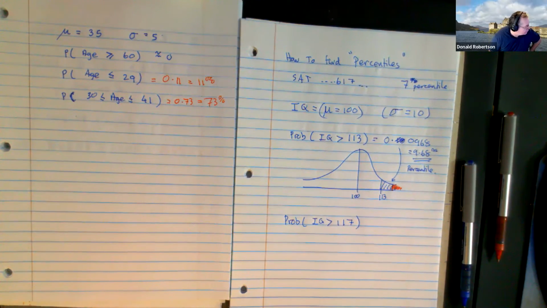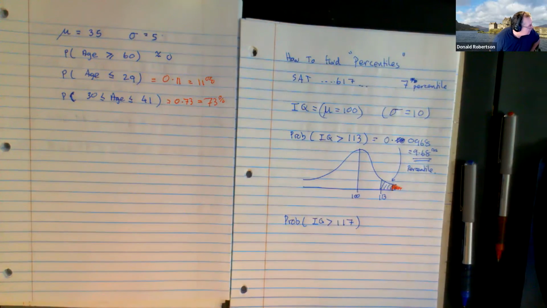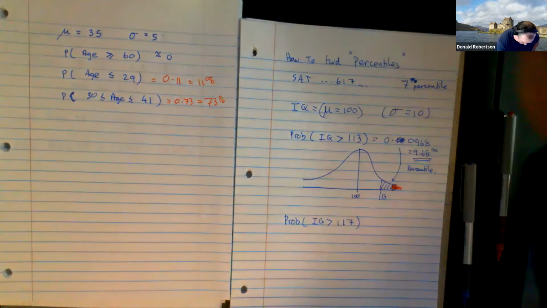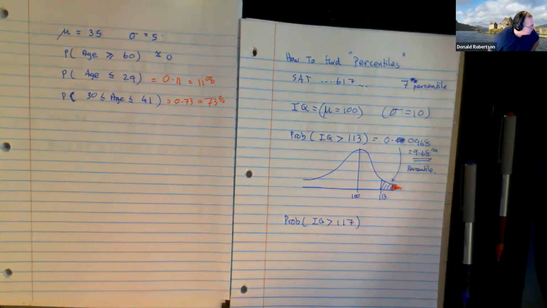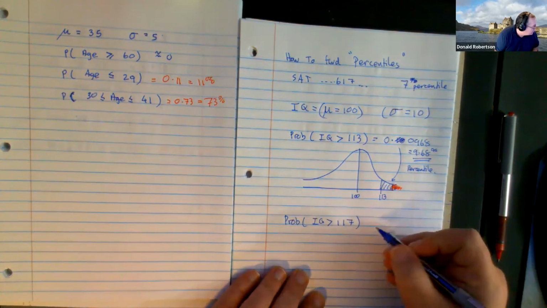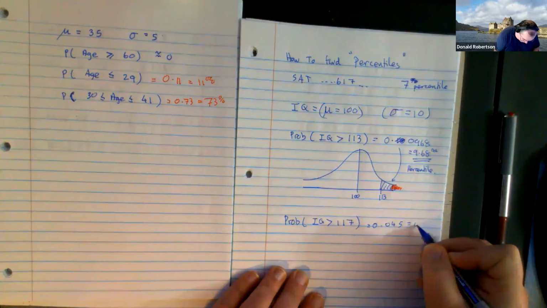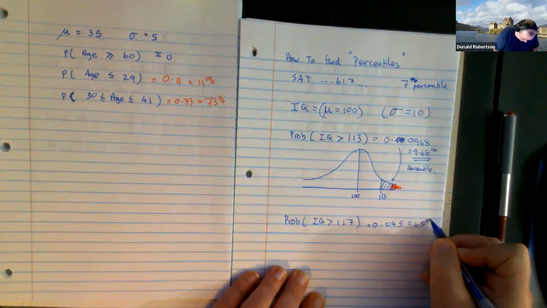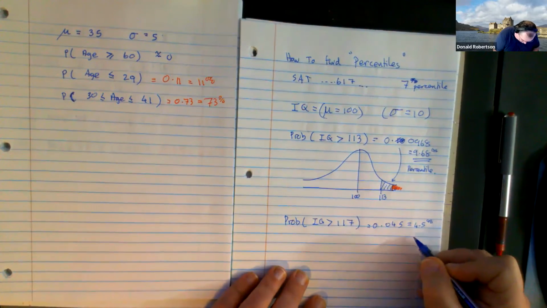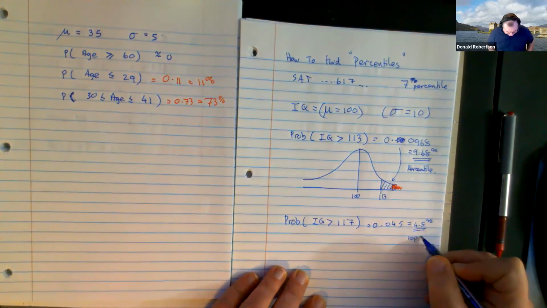So, I'm saying I'm doing this back to front, and that is correct, I am. And if you did a 117, which I'm now doing, the answer you get is 0.045, which is about 4.5%. And we would say you were in the top 4.5%, right?